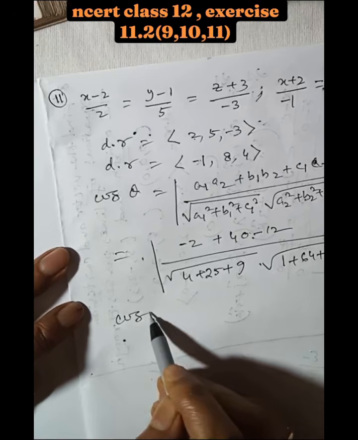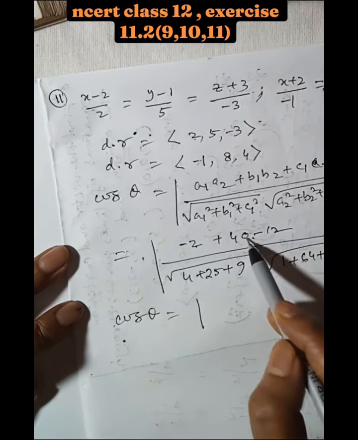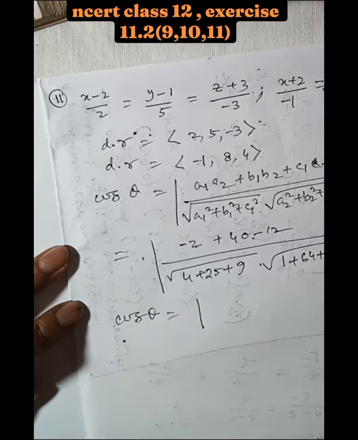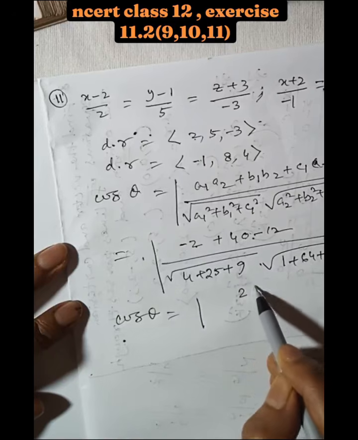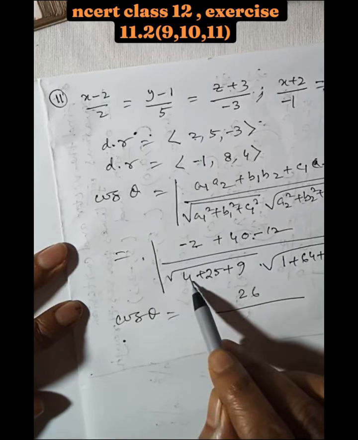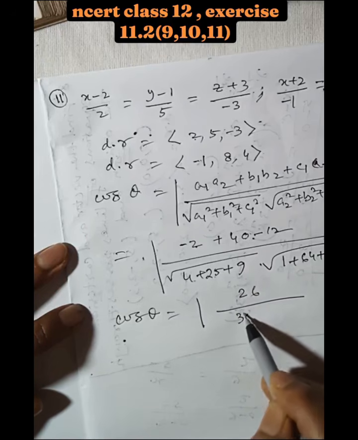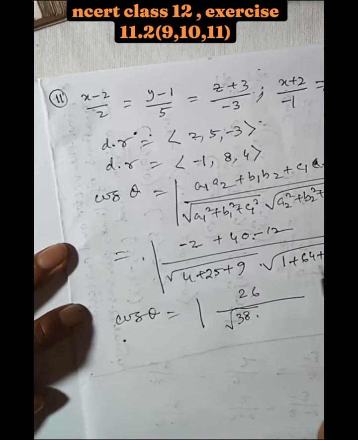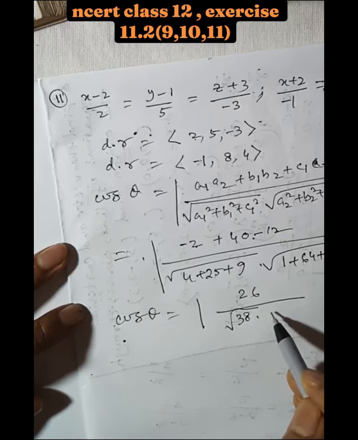So cos theta equals the modulus of 40 minus 14, that is 26, divided by root 38 into root 81, and root 81 is 9.